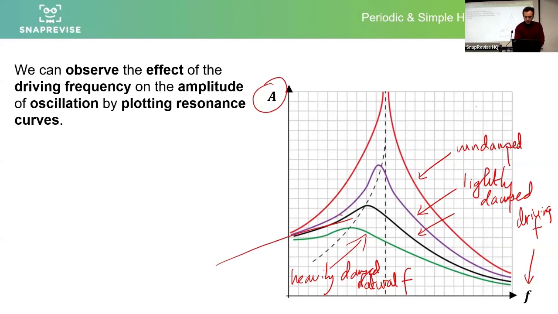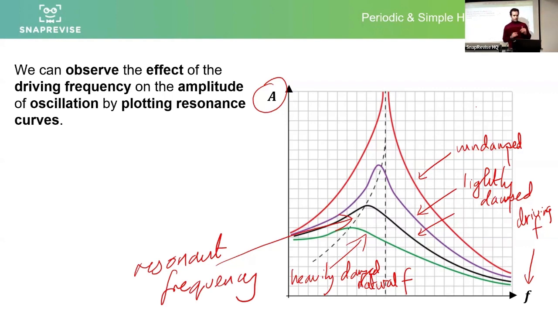This is the resonant frequency. As you start to damp, it's not universally the case that the resonant frequency is always equal to the natural frequency. That's true if it's undamped. But once you start damping, the resonant frequency starts deviating from the natural frequency.